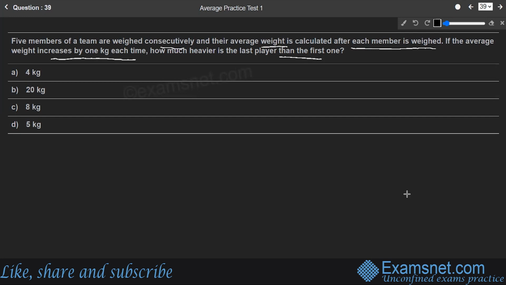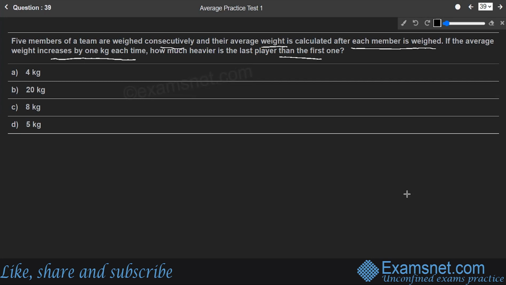So five members have started getting weighed. The average weight is calculated after each member is weighed, so we keep on weighing them, and the average weight keeps on increasing by 1 kg every time. How much heavier is the last person than the first person?